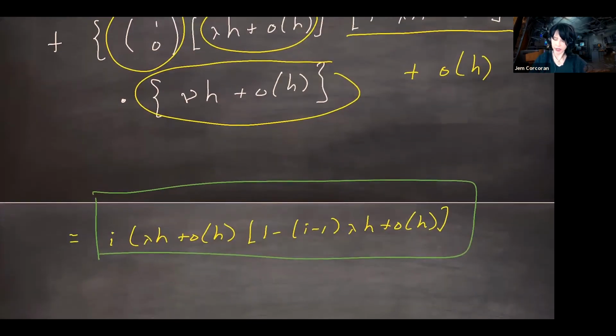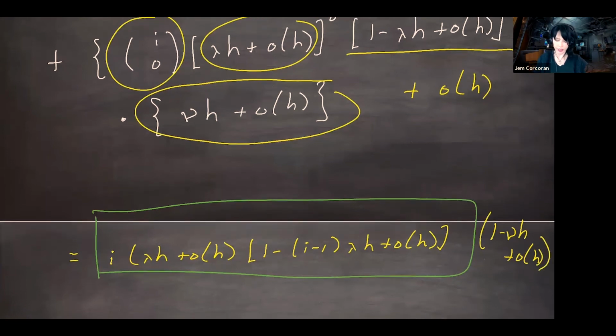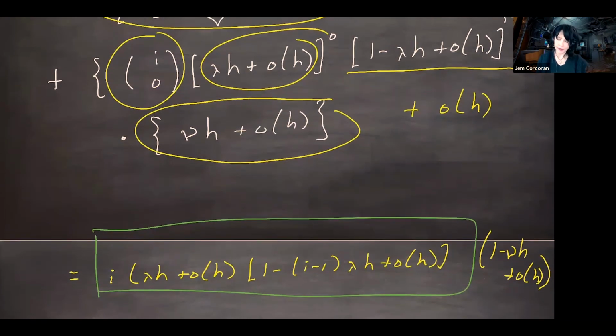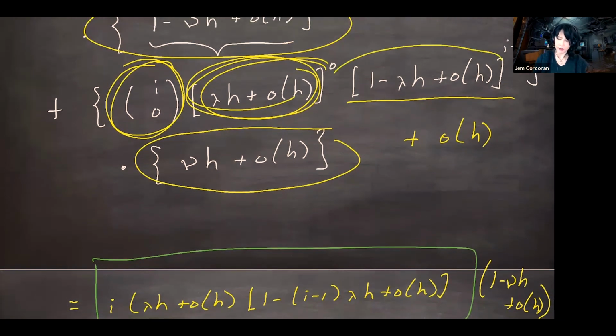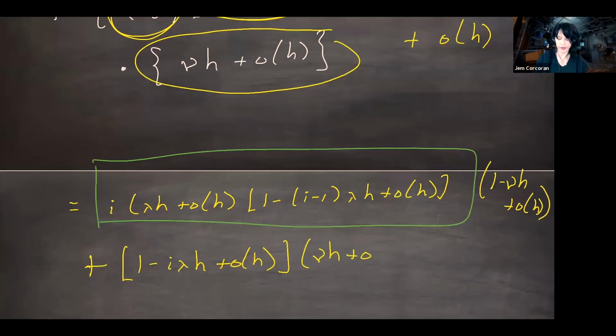So that has to be on the end here, times 1 minus nu h plus little o of h. Then I get to the addition, and I get 1, 1, and then I rewrite this using 2c. This is 1 minus I lambda h plus little o of h, and that gets multiplied by nu h plus little o of h. And the whole thing has this little o of h hanging out on the end.